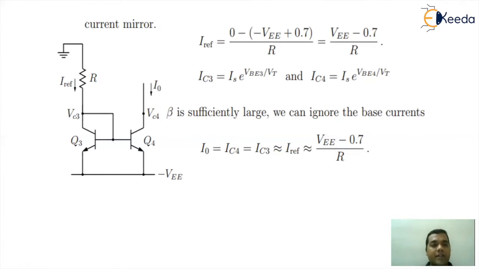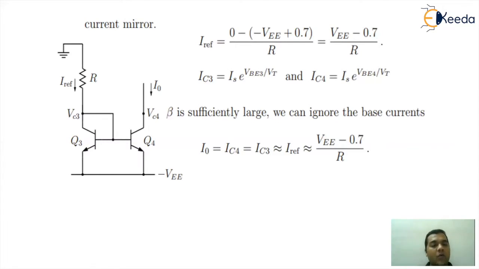Now coming back to the circuitry, if you observe carefully, the top point of the resistance R is actually ground, and then through R you reach the collector node of transistor Q3. The collector node of transistor Q3 is also shorted to the base points. So both the base points of Q3 and Q4 receive the same base potential.